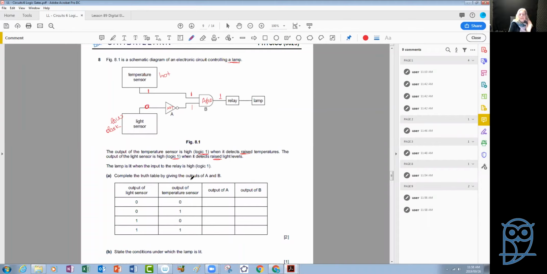Complete the truth table by giving the outputs of A and B. If the output of the light sensor is 0, and the output of the temperature sensor is also 0, the output of A will be 1, because if this is 0, this will be 1. And the output of B is 0.